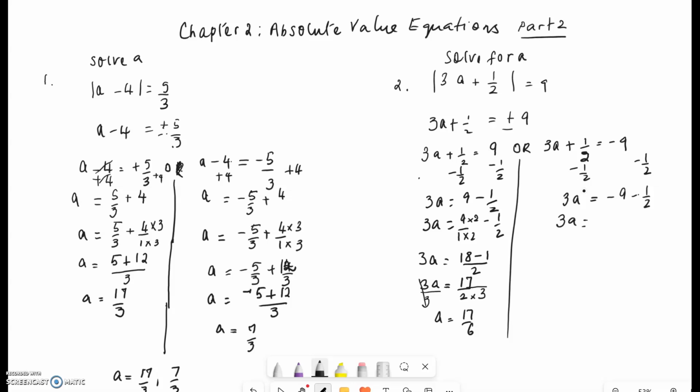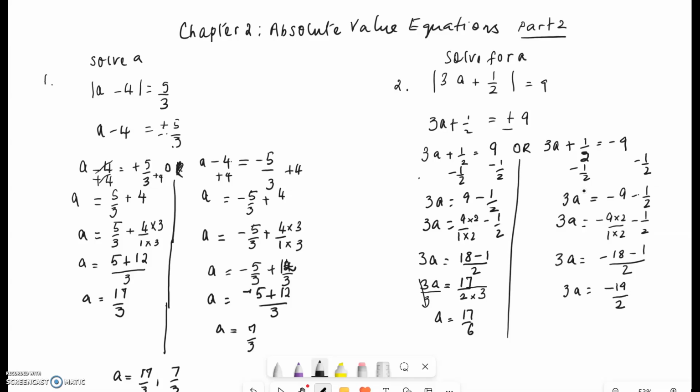Use a calculator and write it as a fraction. So we have -9 times 2 over 1 times 2 minus half. So 3a is equal to -18 minus 1 over 2. 3a is equal to -19 over 2.